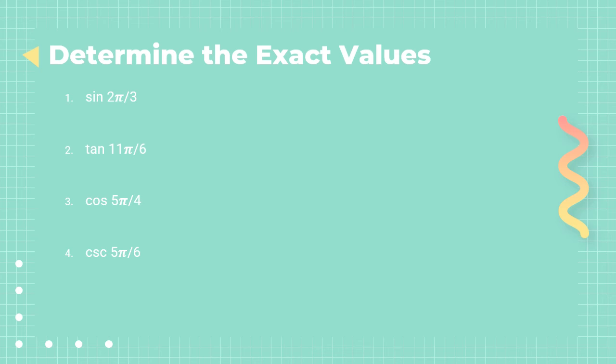If the denominator is 3, that means we're talking about 60 degrees. And we know that 60 degrees for sine is, sorry, square root 3 over 2.